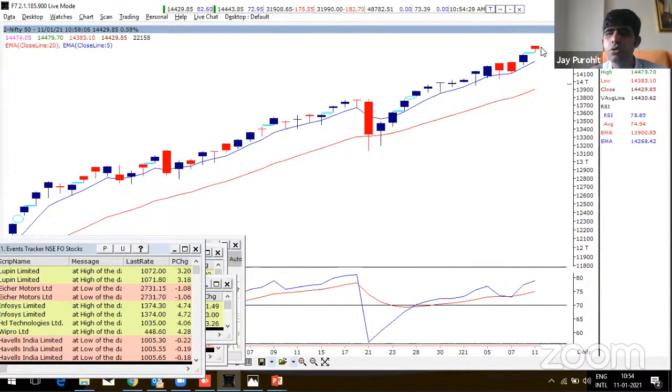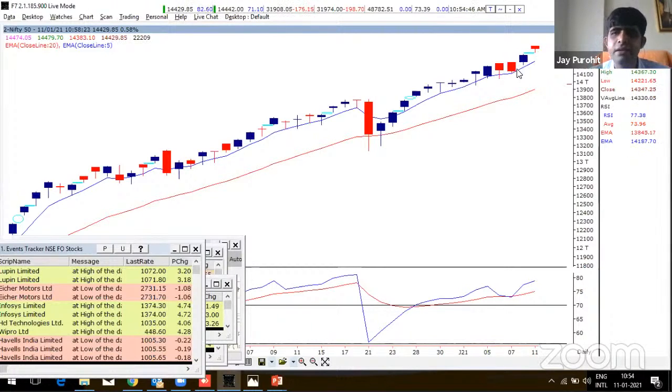Today also, after a gap up opening, a dip was there, and again we are witnessing some bounce back in the market. So right now it would be too early to preempt that the downturn will start.